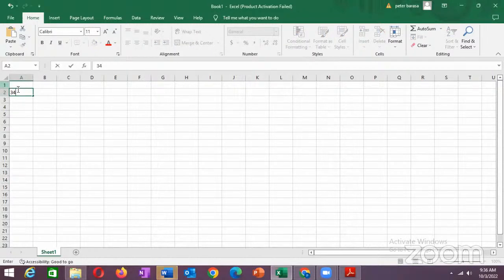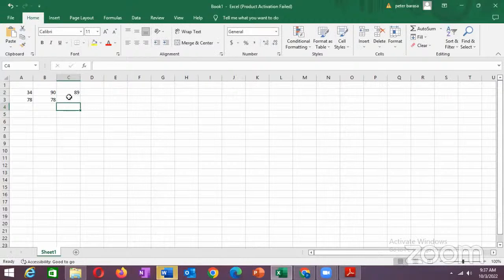The intersection of the rows and columns forms what we call a cell. So we have typed 34 here in a cell, and 78 here, 90, 78. These are the cells where you can type in your marks.